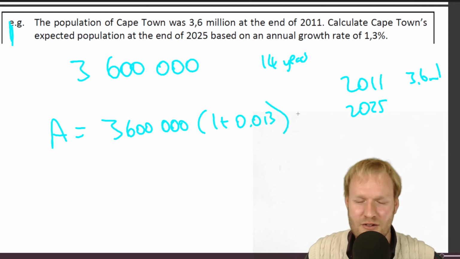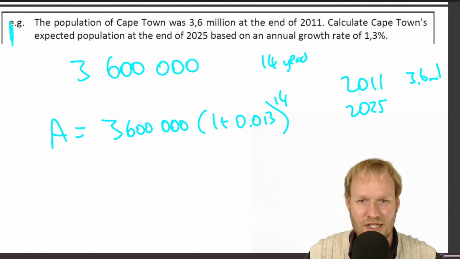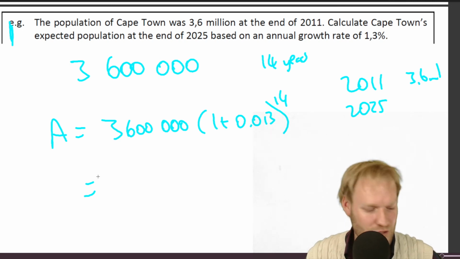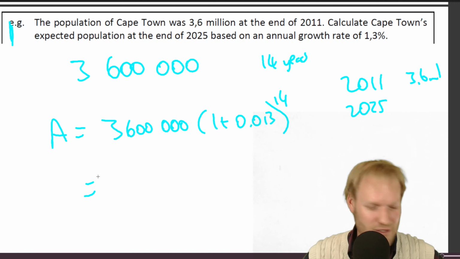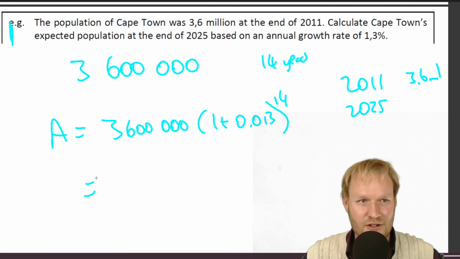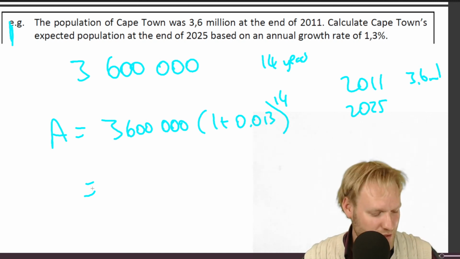I wonder how accurate that is. I suspect the growth rate of Cape Town is bigger than that. And over 14 years. Punch it in and see what you get and see how close that is to what you thought it would be. So go for it. That's yours.